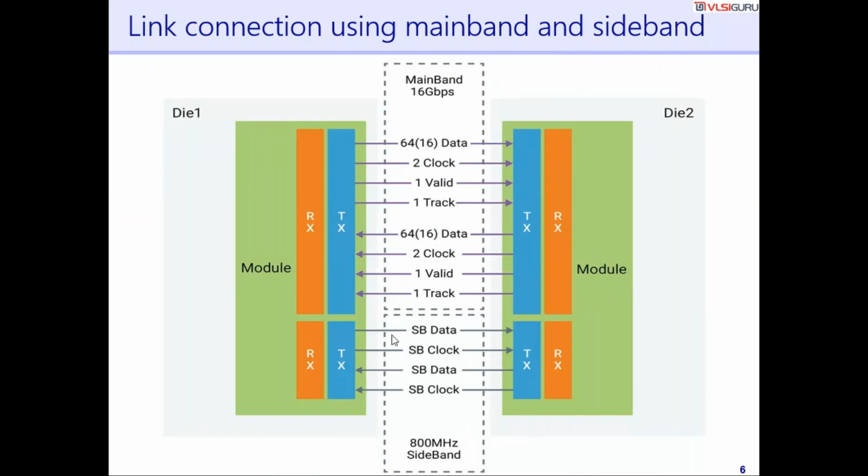The sideband has data that you are sending, and you are sending a sideband clock. See, two clocks are going: one from transmitter to receiver here, another from here to here. Similarly, you have the main band with 64-bit data, two clocks, one valid, one track. Again, same reverse connection. So this is how it has been clearly defined.